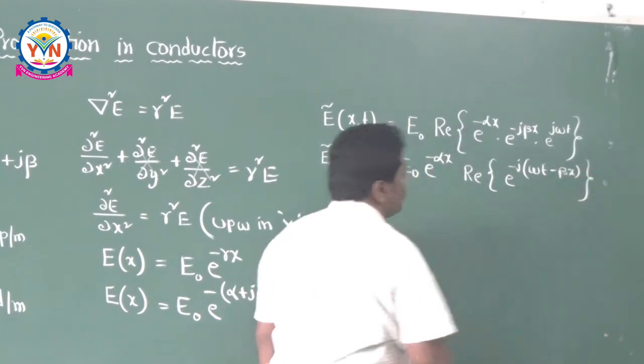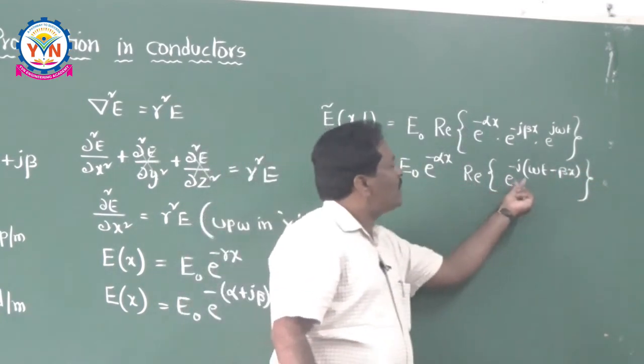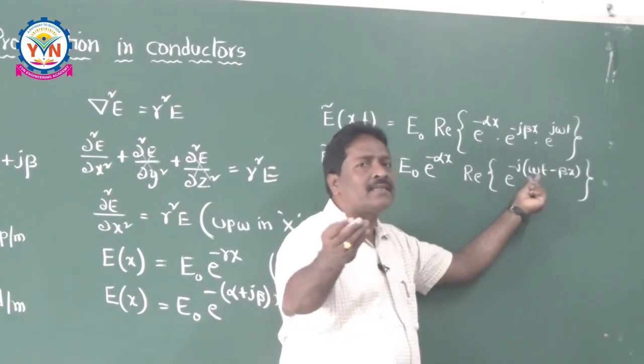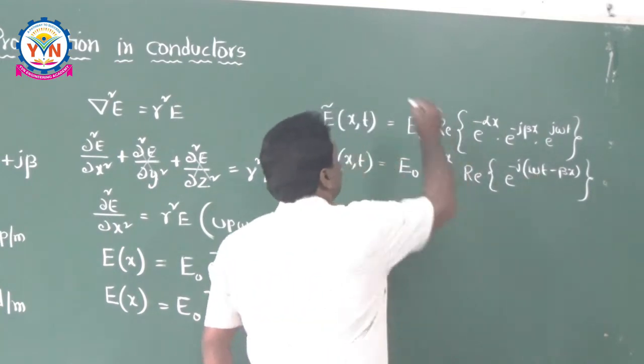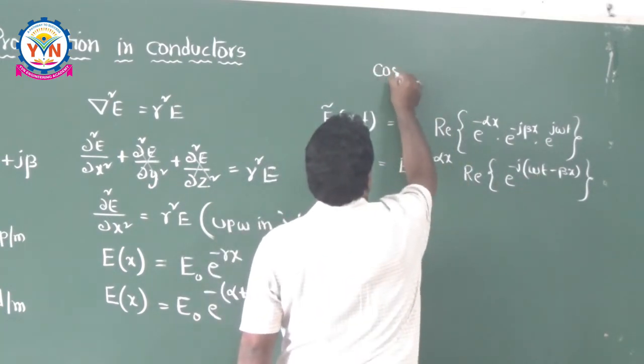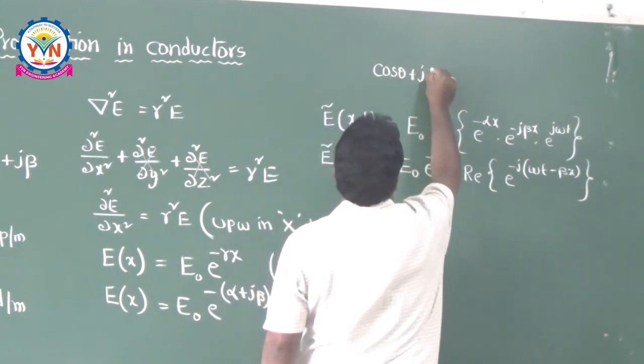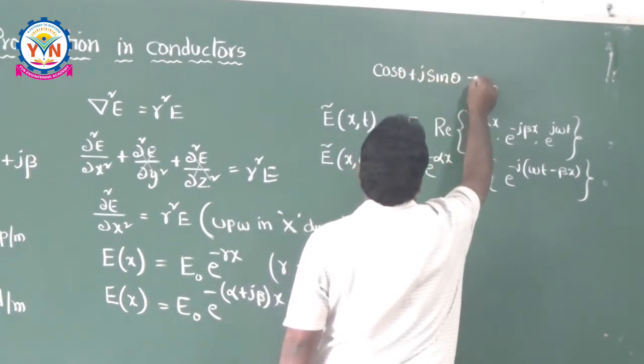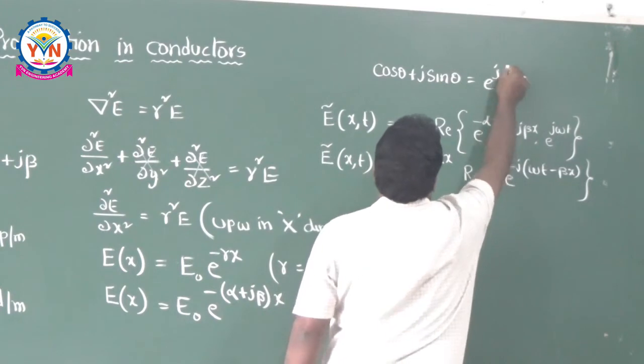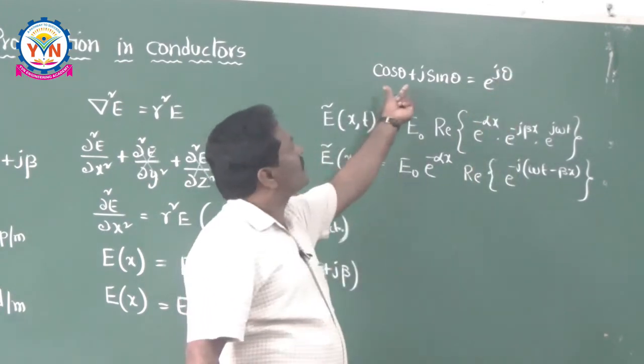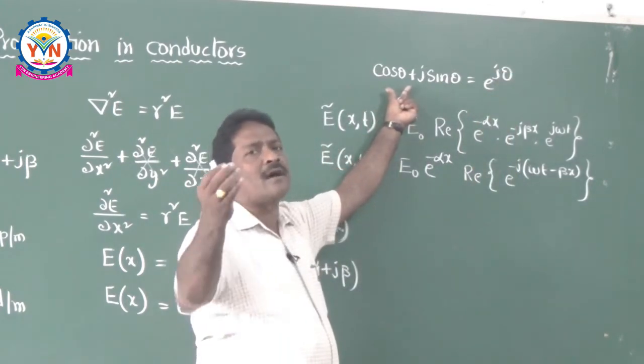So you know what is e power j theta? Cos theta plus j sin theta. So from the mathematics, cos theta plus j sin theta is equal to e power j theta, right? So what is the real part of it? Cos theta. That means you have to write down the cos component here.